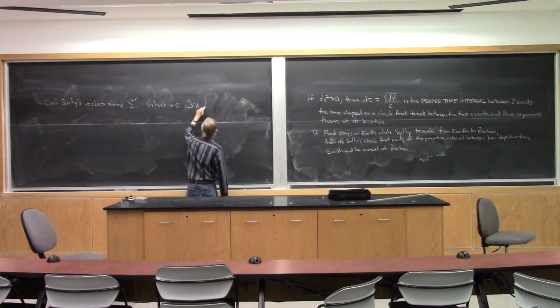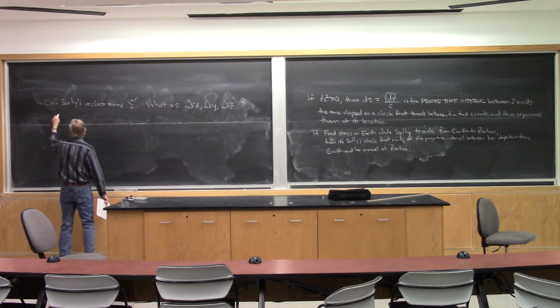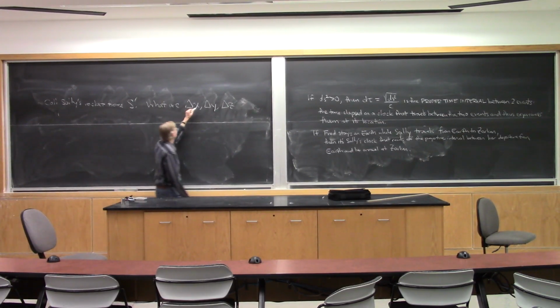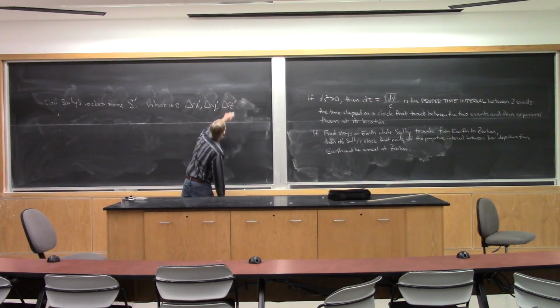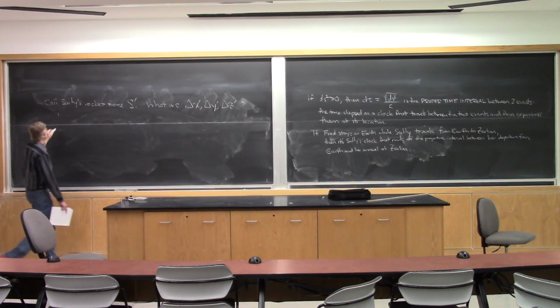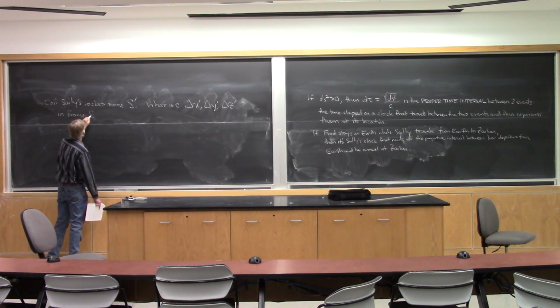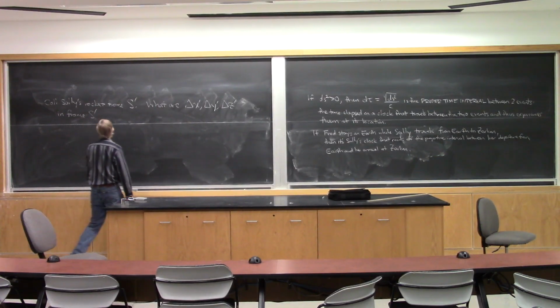What are delta X prime, delta Y prime, and delta Z prime, I should say prime, because it's the prime frame. What are delta X prime, delta Y prime, and delta Z prime in frame S prime, the rocket prime?